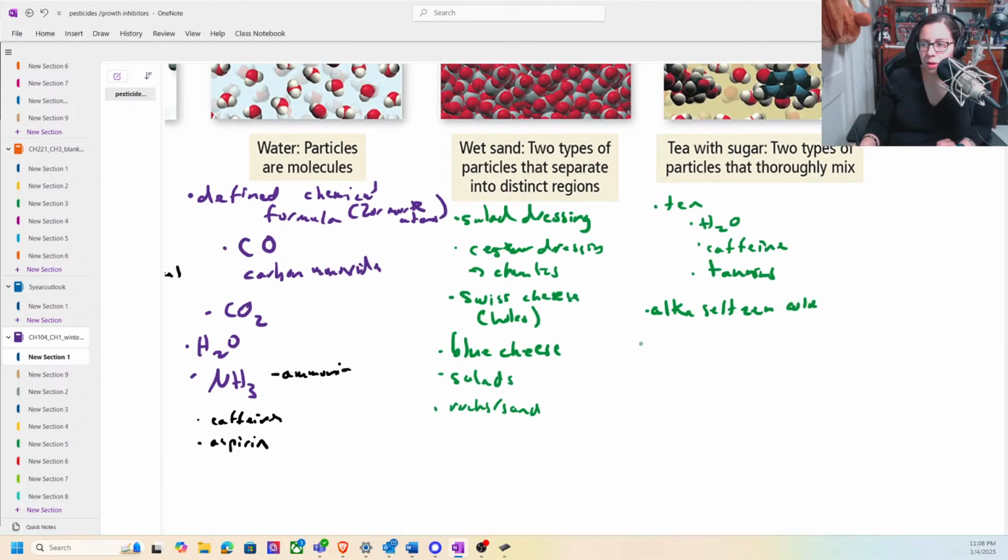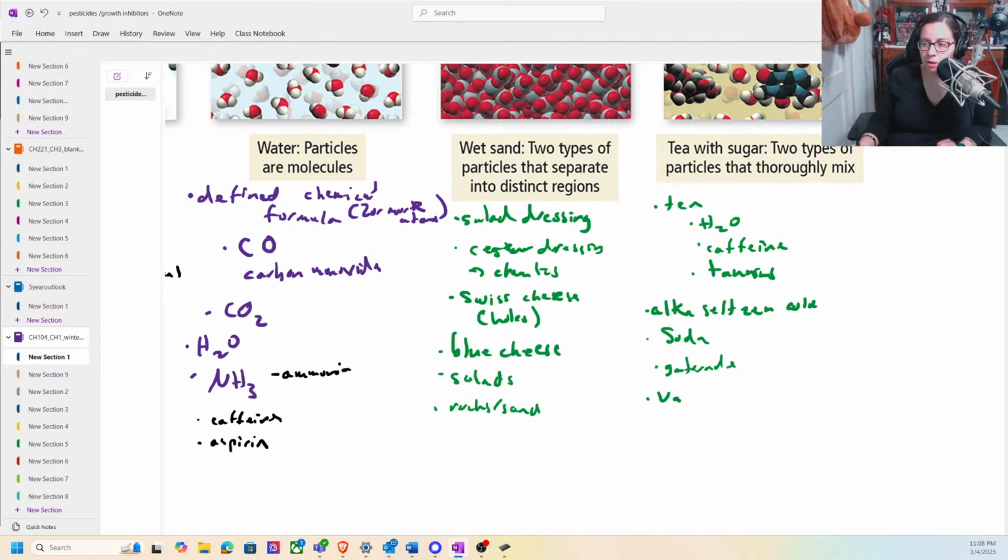And so we can think of other common mixtures, any sort of soda like Coca-Cola, 7-Up, right? All those are going to have water, sugar, different flavorings, acid, phosphoric acid as preservative, etc. Different sugars. Gatorade on the homogeneous mixture train.